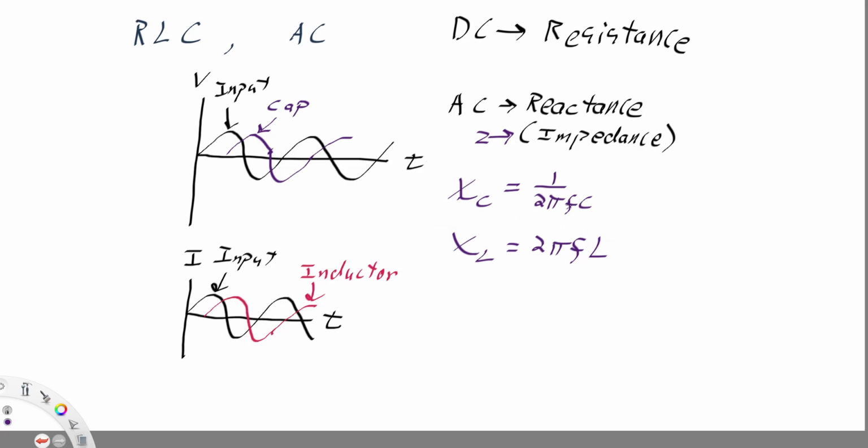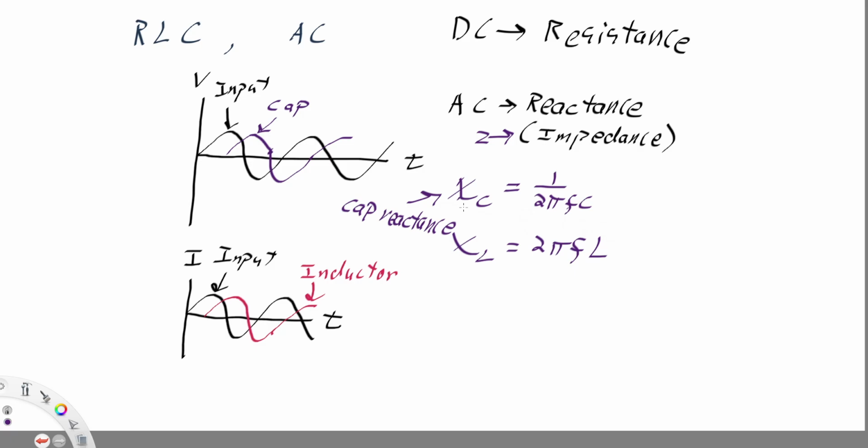For a frequency of 0, the capacitive reactance goes to infinity. That is, you can't sneak DC current past the capacitor, which makes sense, right? A capacitor is an actual gap in the circuit. Direct current does not get through.